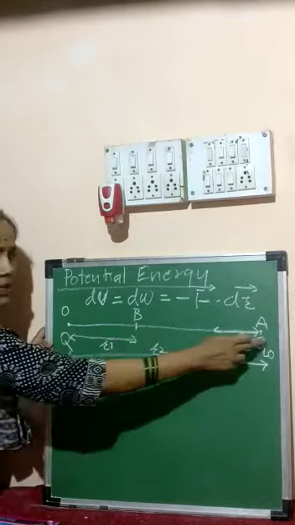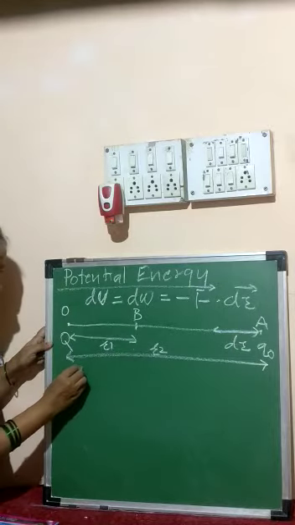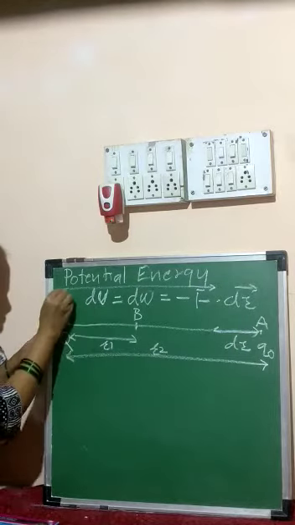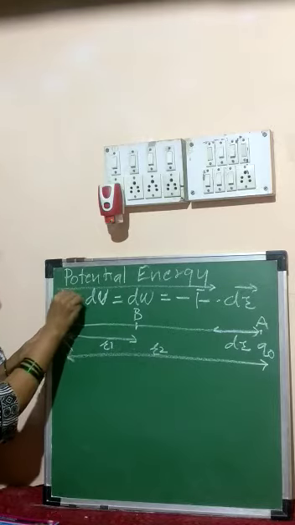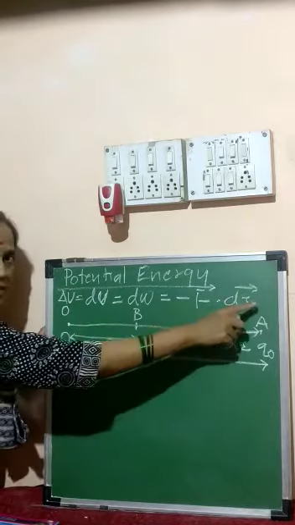So there will be a certain change in potential energy, which I can write as dU or delta U. So delta U is equal to minus F into dr.